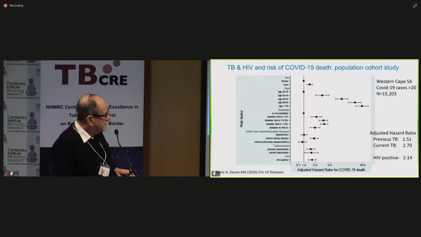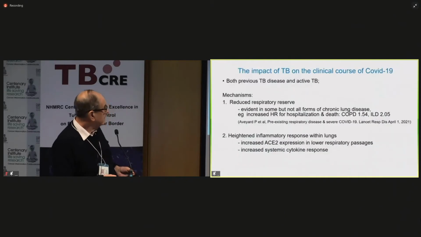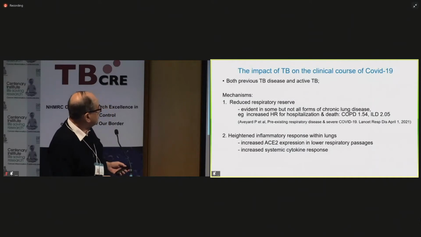So there was a definite increase in the hazard ratio for death, for a COVID-related death. And HIV positivity was associated with a similar effect. So both previous tuberculosis disease and active tuberculosis can have an impact on the clinical course of COVID.